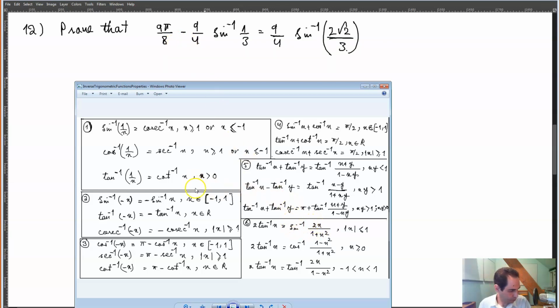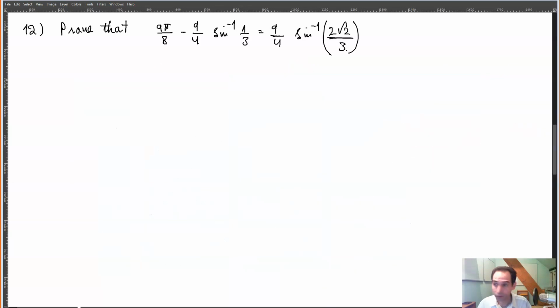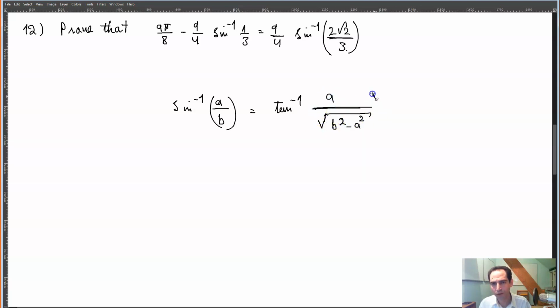So I could, for example, use the sine inverse of A by B and write this as the tan inverse of A over the square root of B squared minus A squared. And then this would be the tan inverse of something.